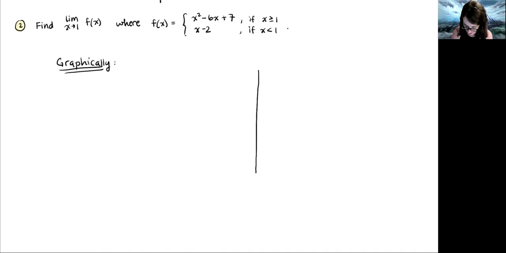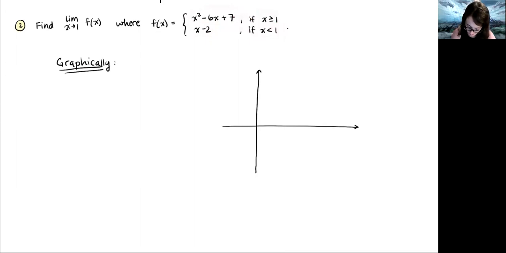It's a little hard to explain, so I wouldn't rely on your calculator much for piecewise functions. If you do put both of these pieces in for y1 and then y2, they're going to overlap together on the graph, and that's not what this graph looks like. Part of it will be a parabola, and the other part will be a line, and it's going to split right at 1.